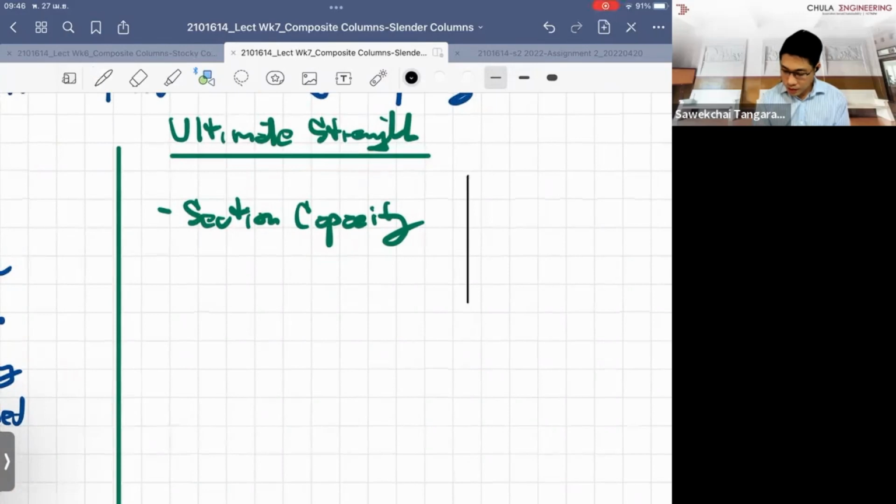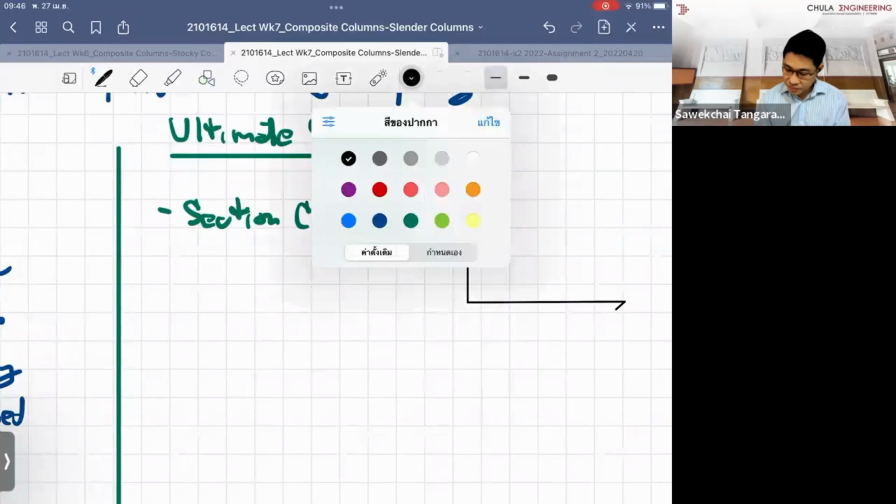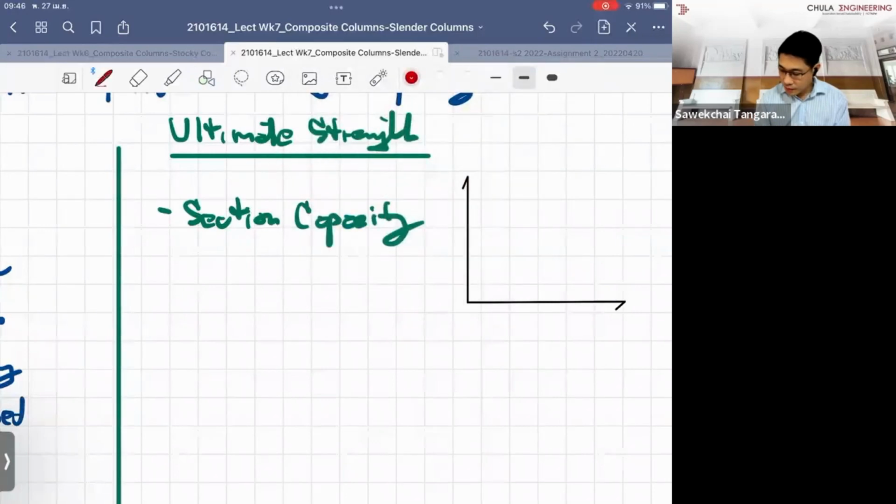You need to obtain the diagrams and identify the failure lines.